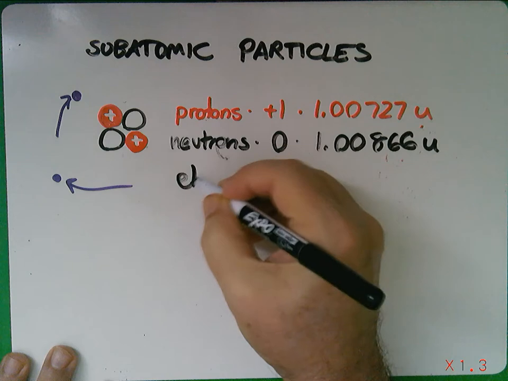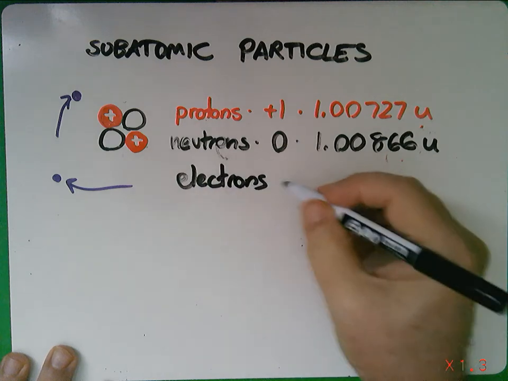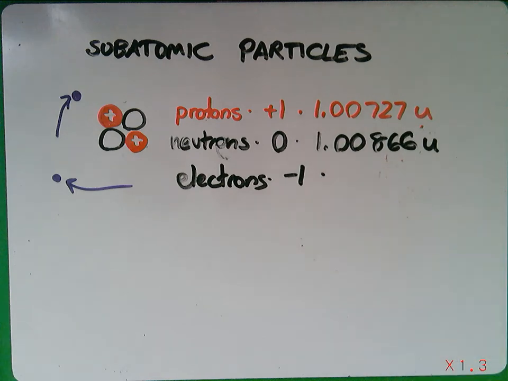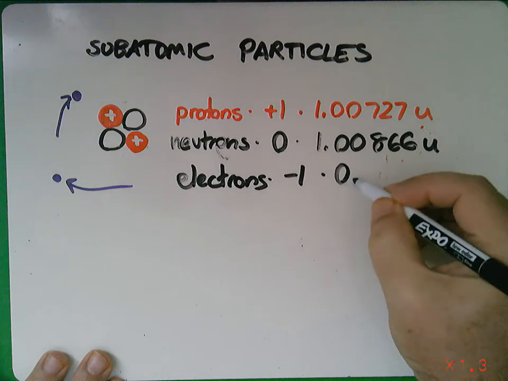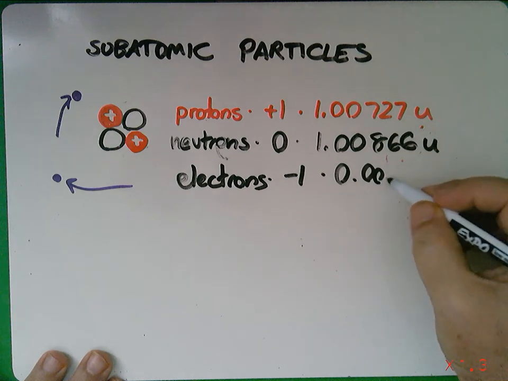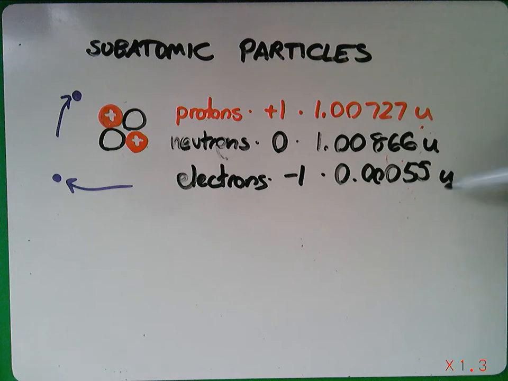These electrons have a charge of -1, and their mass is much, much smaller than the mass of a proton or a neutron. It's 0.00055 U.